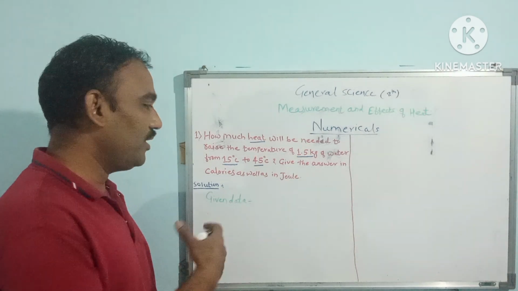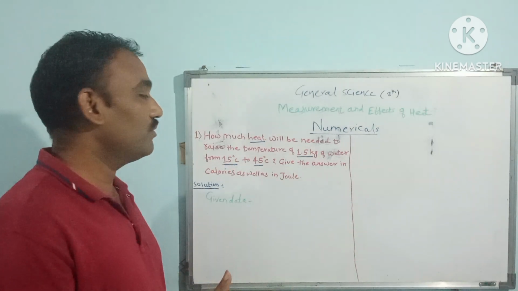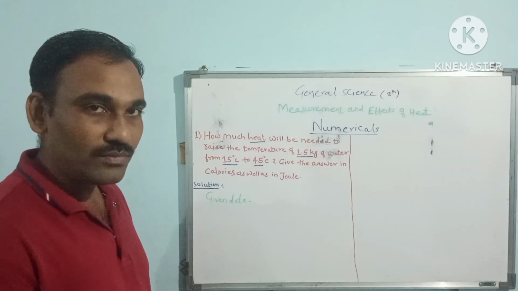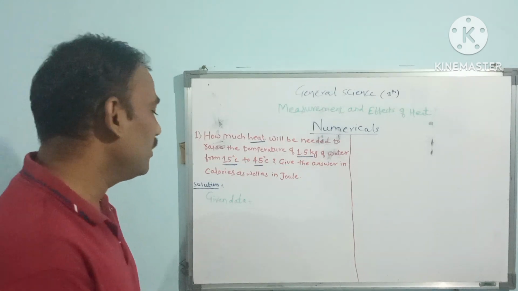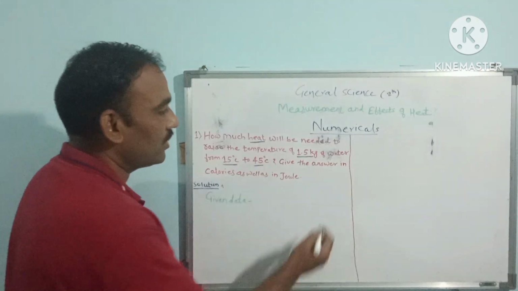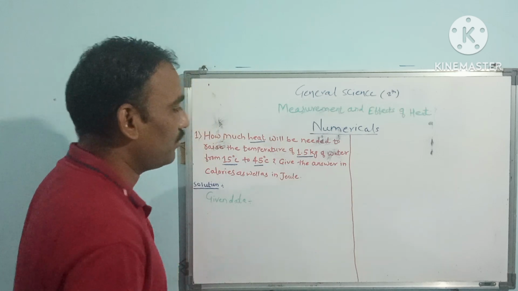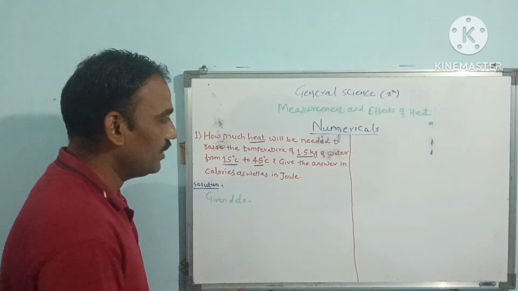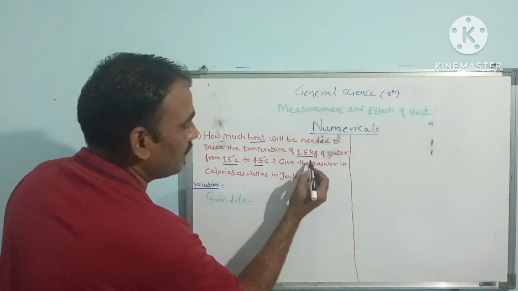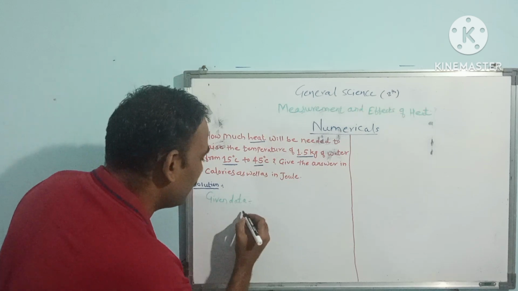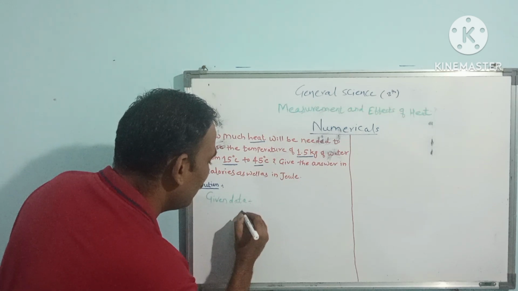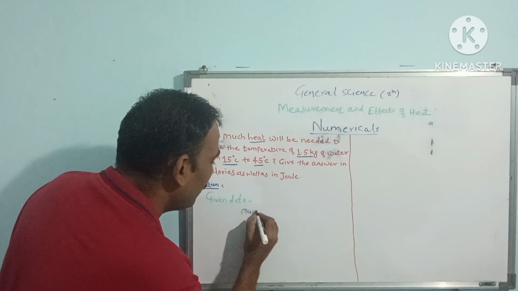It is one type of input which we get from the problem for the solution. So in the given data, the very first factor is the mass of water, 1.5 kg.